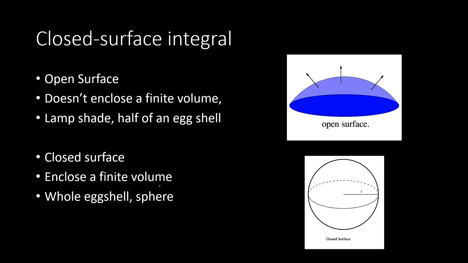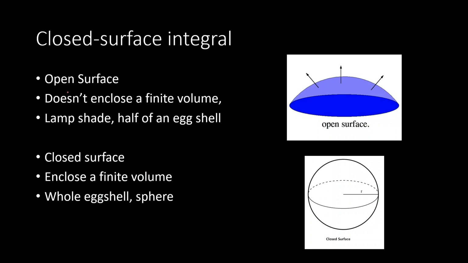So a closed surface means that it encloses a finite volume, like a sphere, like the football. Yeah, UK is famous for football, and football is a typical example of a closed surface, which encloses a finite volume.